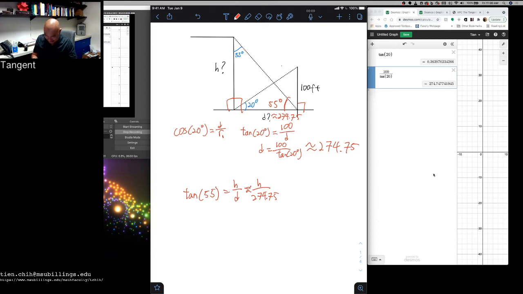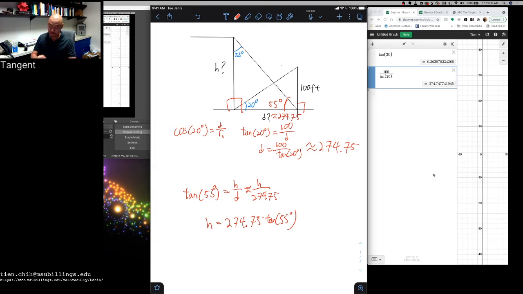That means h is about 274.75 times tangent of 55 degrees. That is a way you could go about finding that height.